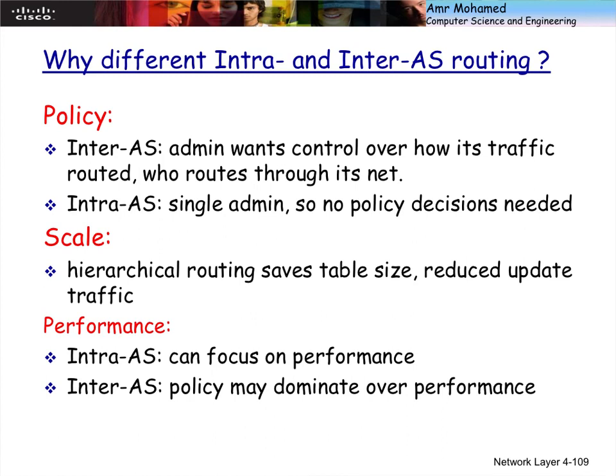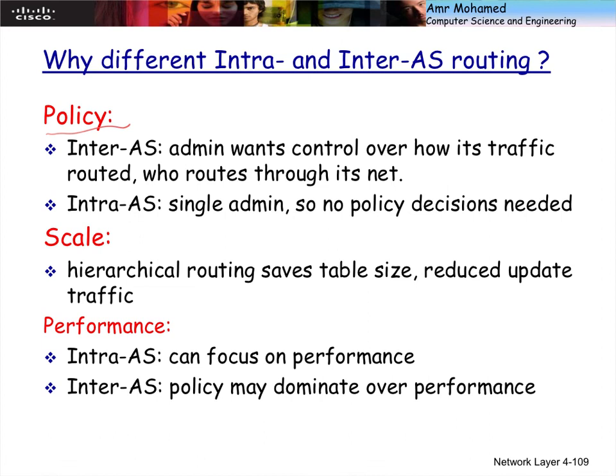Here we are saying why we have the difference between intra and inter autonomous system routing, as we said. It's the idea of hierarchical routing in general. The policy: the inter autonomous system admin wants to control how their traffic is handled. This is what we talked about, administrative authority.